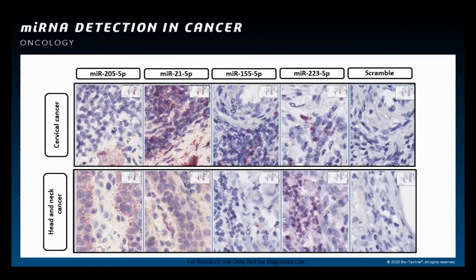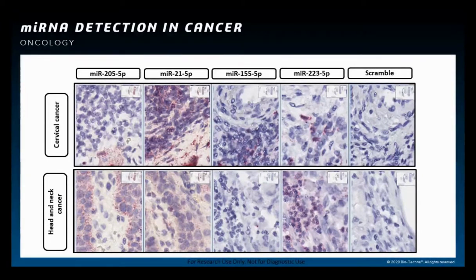Next is miR21-5P, and this is actually one of the earliest identified cancer-promoting microRNAs, otherwise known as oncomeres. And it has been shown that in several oncology cases, this particular microRNA in fact activates the PI3K AKT signaling pathway, and that also enhances oncogenic KRAS activation, leading to tumor initiation and progression.